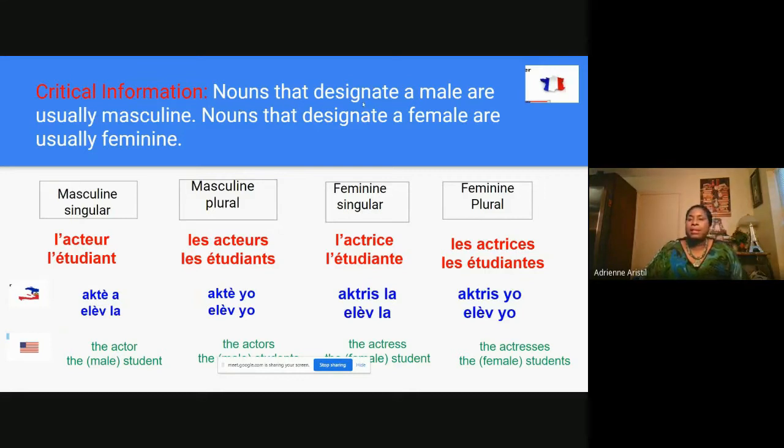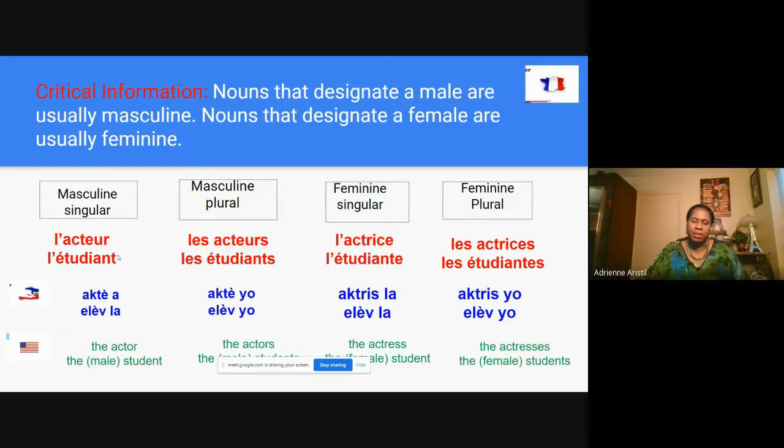Nouns that designate a male are usually masculine. Nouns that designate a female are usually feminine. For masculine singular, if you're talking about a male actor, you will say l'acteur in French.